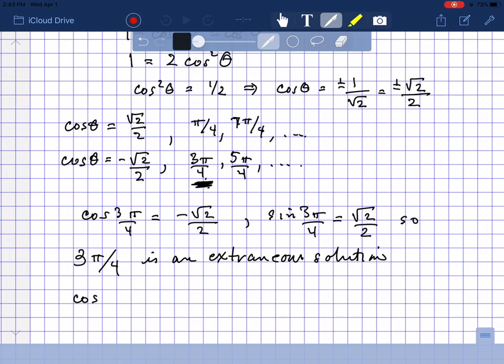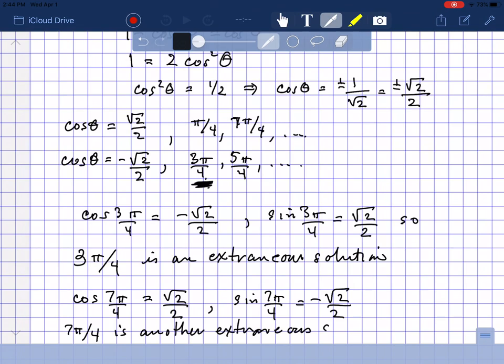And what can we say about the cosine of 7 pi over 4? Well, the cosine of 7 pi over 4 is equal to the square root of 2 over 2, but the sine of 7 pi over 4 is equal to minus the square root of 2 over 2, and so this is another extraneous solution.